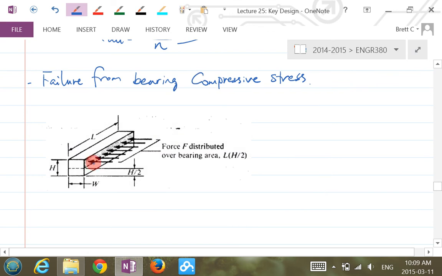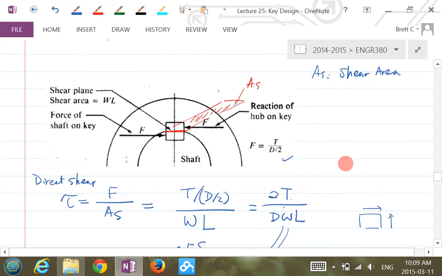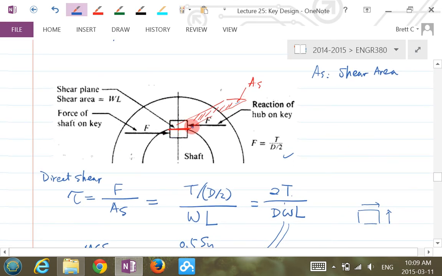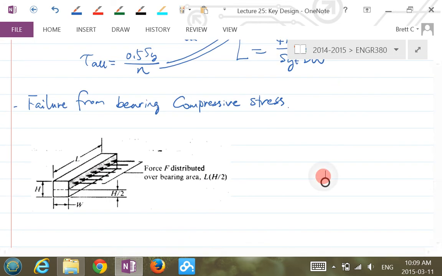The key is sitting inside the key seat, and it's also sitting inside the hub. So it's like being squished by both the shaft and also the hub. On the side of the surface, it feels this force F, and this force F will cause this so-called bearing compressive stress.